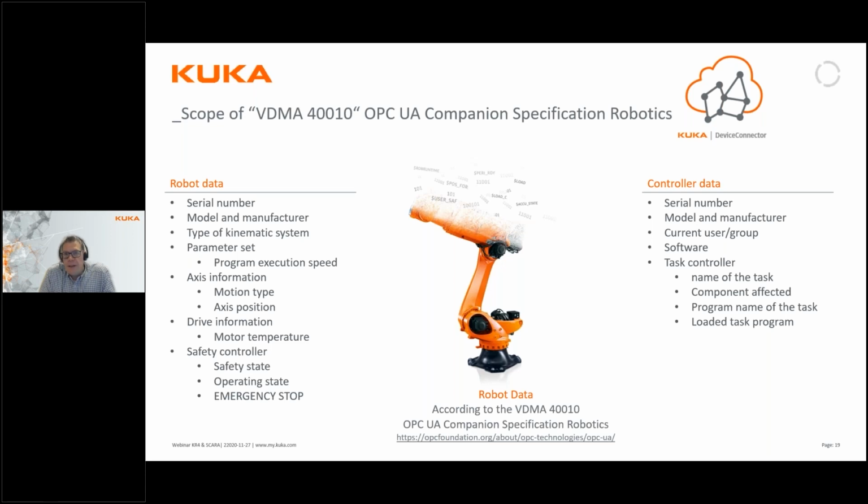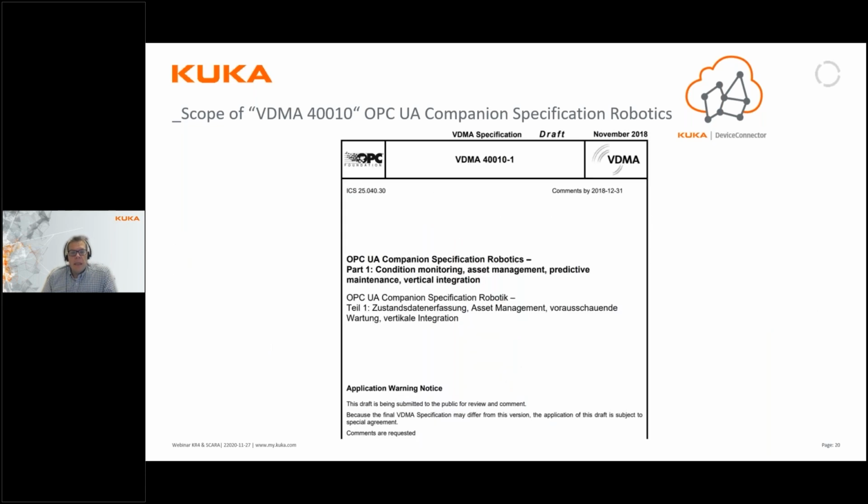We can provide all the data, both the mandatory and the optional data points, which are listed in the standard. And this is just a screenshot of the specification, which you can find under the handout for those of you who are interested. Standards are always a bit of a dry read, but this is not too heavy to read.